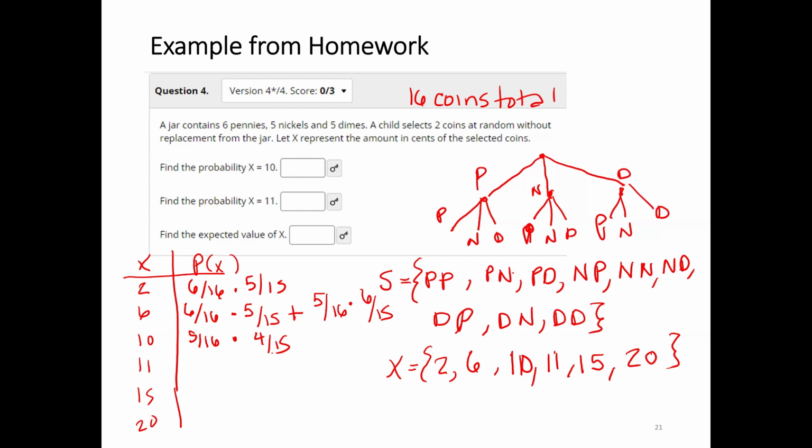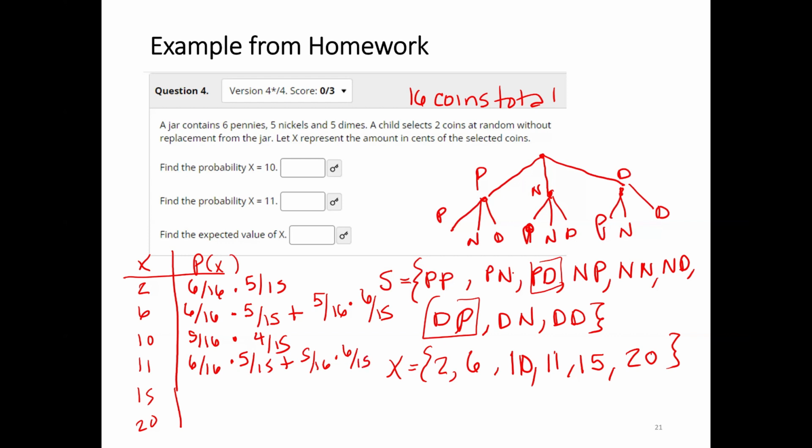Well, getting 11 is penny, dime, or dime, penny. So I've got to add two probabilities together. What's the probability of getting a penny then a dime? Is that 6 out of 16 times 5 out of 15, plus 5 out of 16 times 6 out of 15. And you continue in that manner.